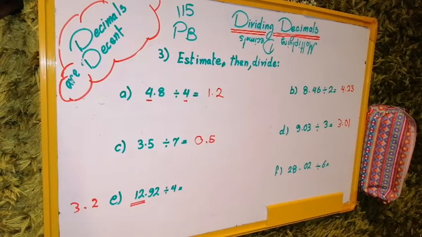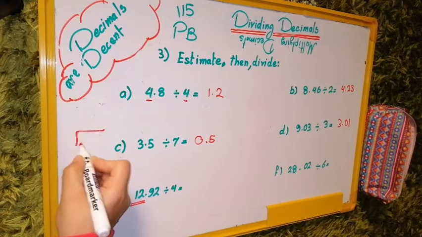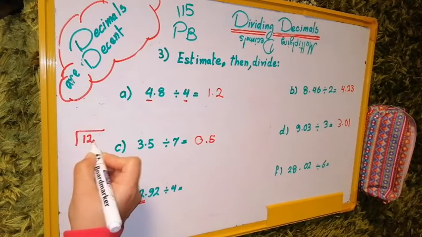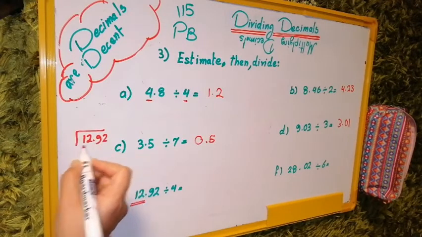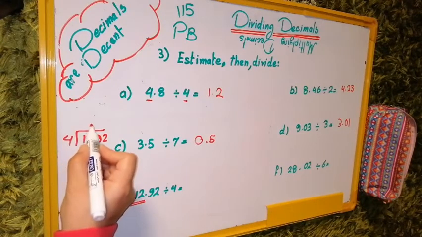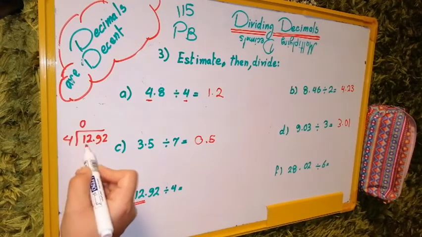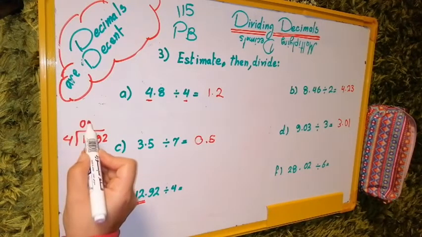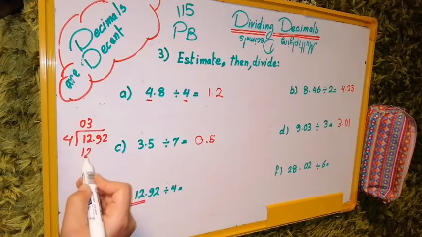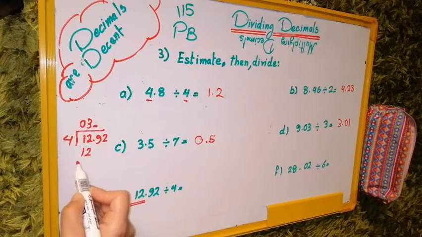Let's do it exactly. I'm going to put it here better, 12.92 divided by 4. 12 divided by 4 is 3. 12, put my point.